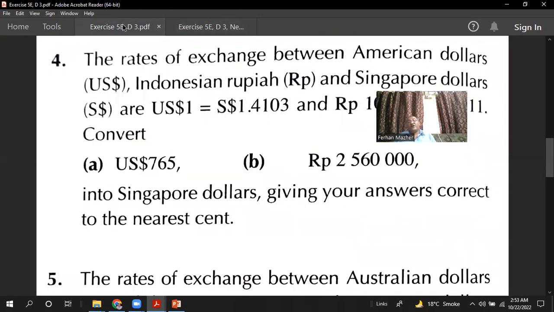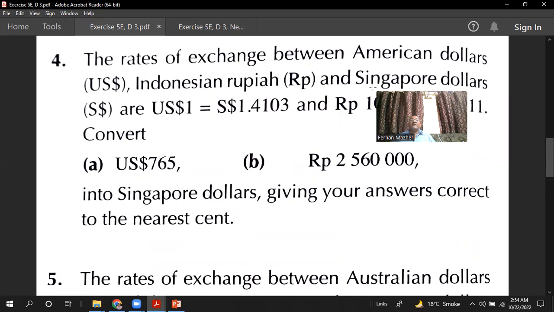Then it says convert the rupiah. It's 2,560,000, so it's 2.56 million rupiah, and you want to convert that into Singapore dollars.